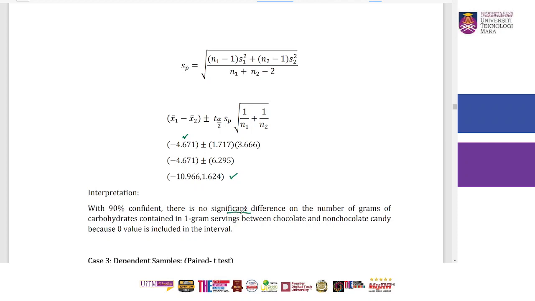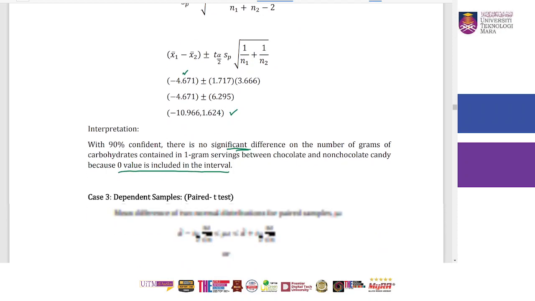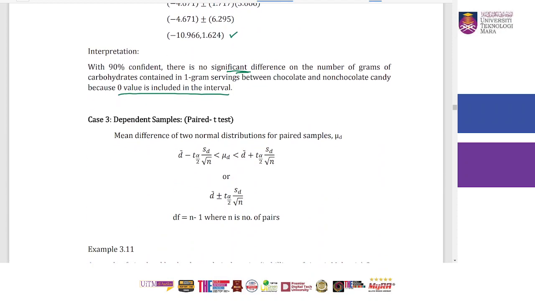So, kita kata no significant difference on the number of gram of carbohydrate contained in chocolate and non-chocolate candy. Because why? Because zero is included in the interval. Okay, so that is for the second case for the t statistic for independent sample.